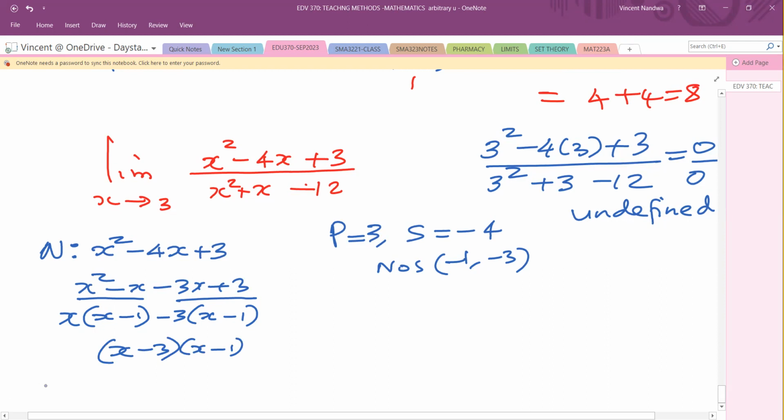Tuende kwa denominator. Denominator ni x squared plus x minus 12. Sasa hii inamaanisha product ni -12, correct? Sum, coefficient ya x ni 1, sawa.